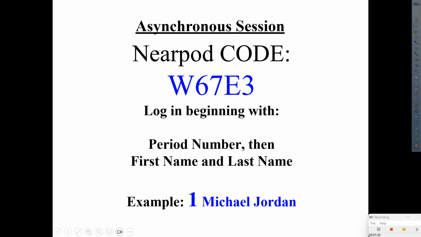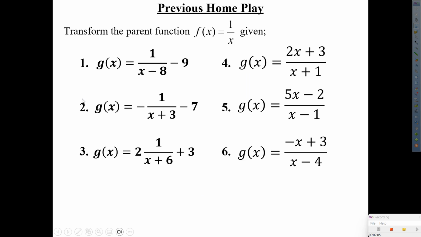So one of the home plays yesterday was this one. Your neighbor, the second home play that you already got signed. Go to Canvas and turn that in, that one and your screenshot.